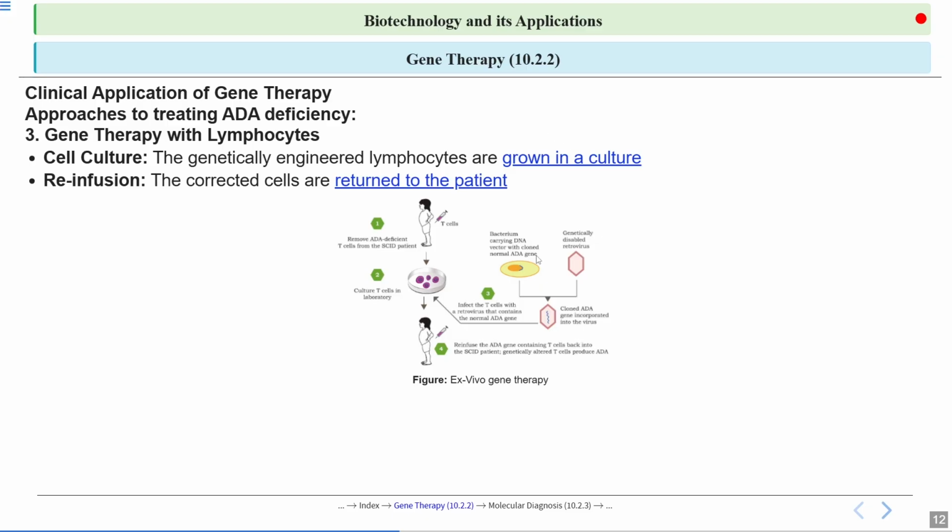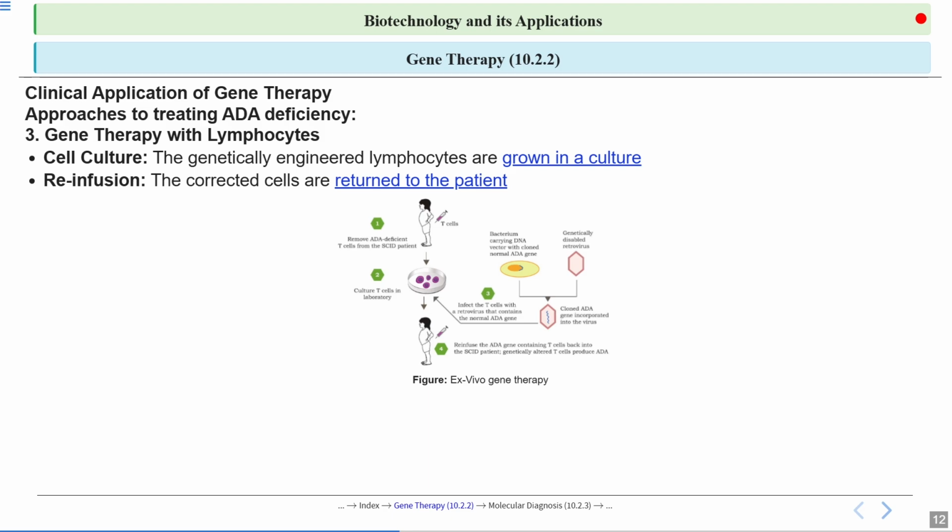And now they took the other vector, which is a retrovirus. This retrovirus contains the functioning ADA gene, a gene which is going to produce normal functioning adenosine deaminase.